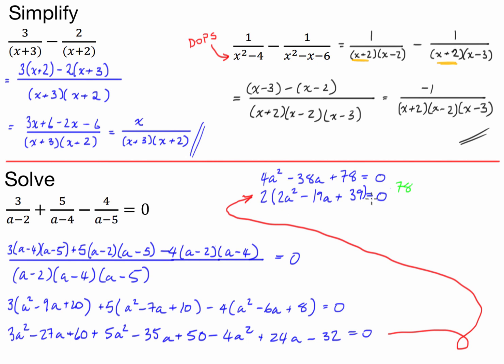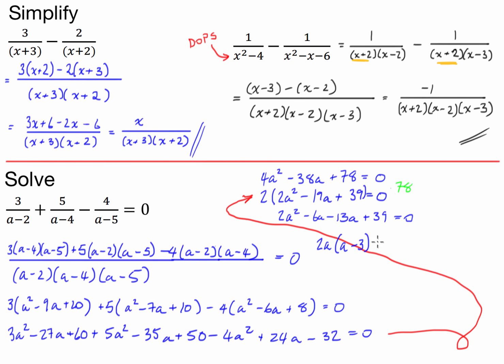So 0 divided by 2 is still 0. So we're going to have 2a squared minus 6a minus 13a plus 39 equals 0. We're going to then factorise the front 2 and then factorise the back 2. So 2a squared and 6a, well, we have 2a outside of a minus 3.